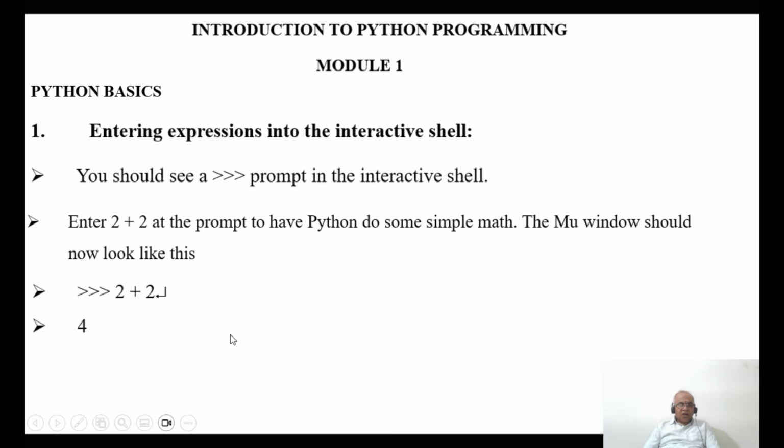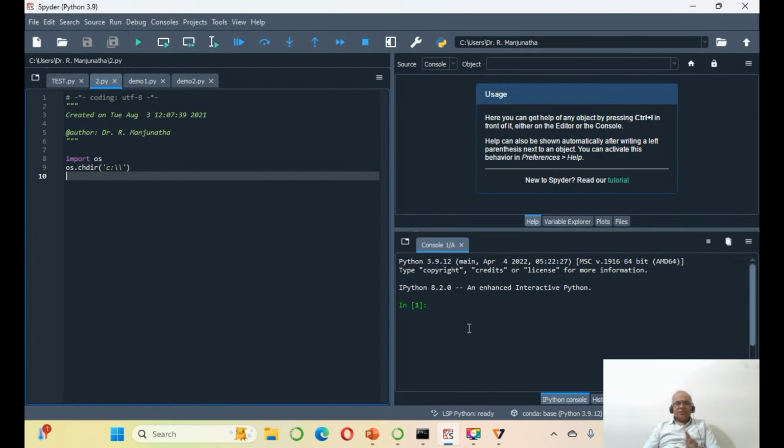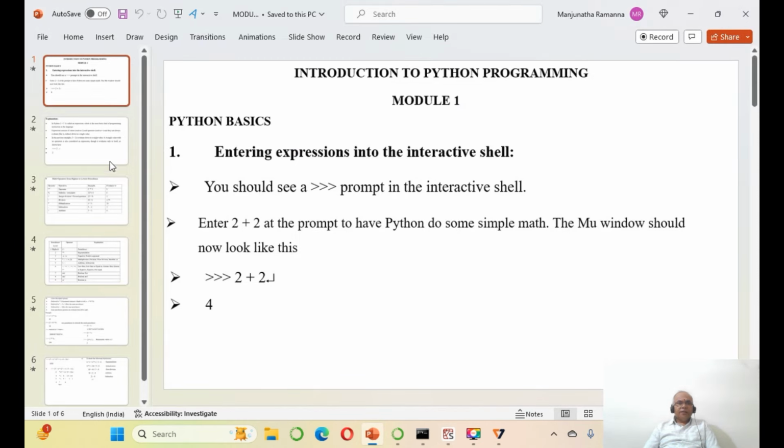Let us see how it works out with the interactive shell. I will type 2 plus 2. What should you get? The output should be 4. That is what we are doing at this point.